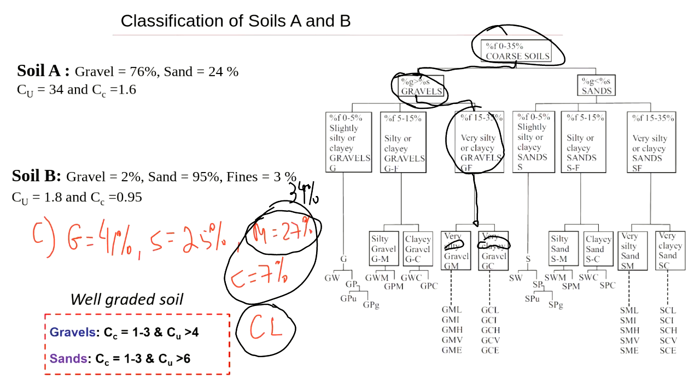So what we do next is we find where we have CL in these symbols, and there is only one symbol that actually has CL, this one, GC. So the answer is GC, and this is how you classify the soil.